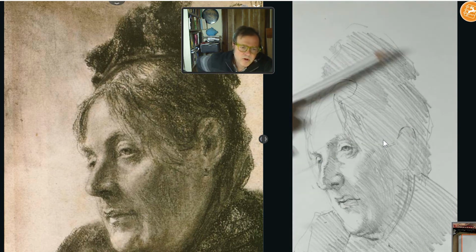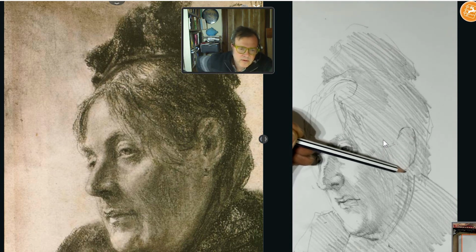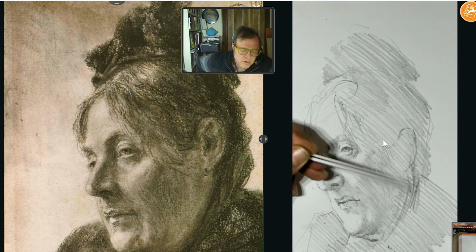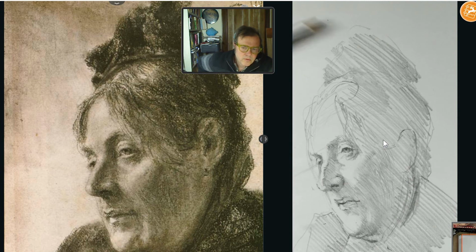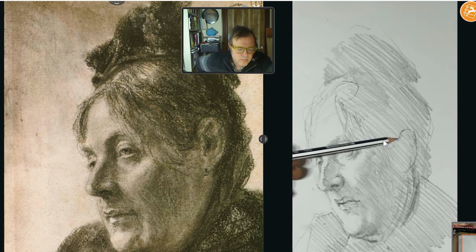And I'm bringing it back like maybe a quarter of an inch or so, but it's still significant. Remember before I brought back this collar a little bit, so that sort of forces the ear back a little bit as well.